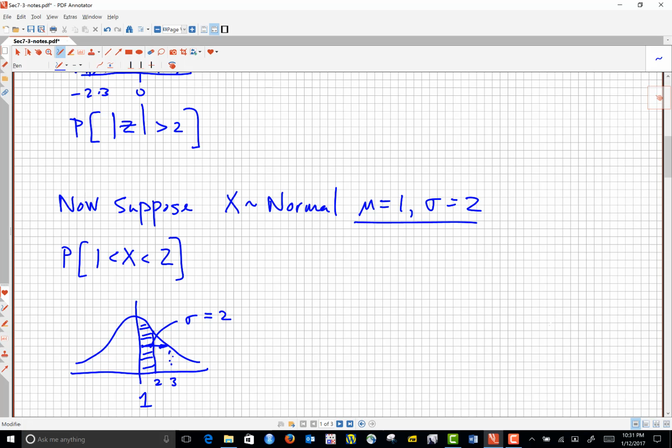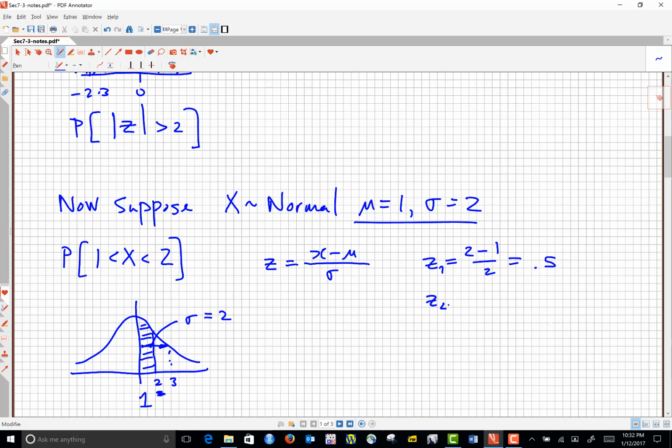I can see that, by making use of this little formula that says z values of a variable x with a mean mu and a standard deviation sigma are x minus mu over sigma, I say to myself, this x equal to 2 has a z value of 2 minus 1 over 2, that is 0.5, and let's call that z number 1.